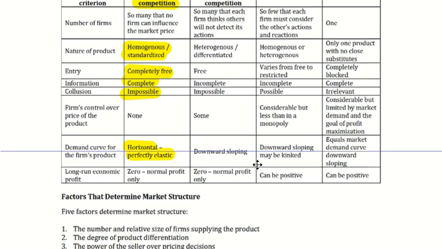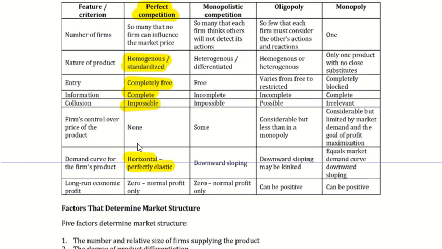It's going to go away completely. Why? Because we are in a state of perfect competition, and everybody's going to go to your competitors because their prices are lower than yours. That's why the demand curve is horizontal, and hopefully the words make sense coming out of learning module 1: perfectly elastic. Long run economic profit: you can only make normal profits.